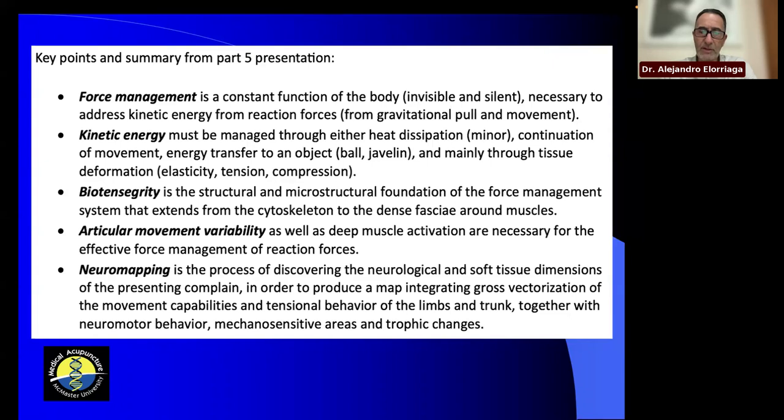And also we integrate this with the map of the tensional behavior of the soft tissues and the movement capabilities and the mechanosensitive areas, the trophic changes, and the neuromotor behavior.